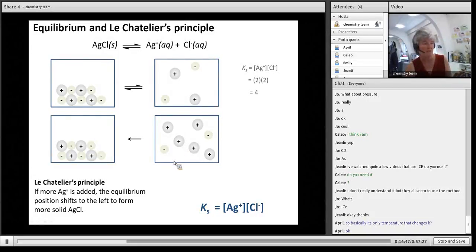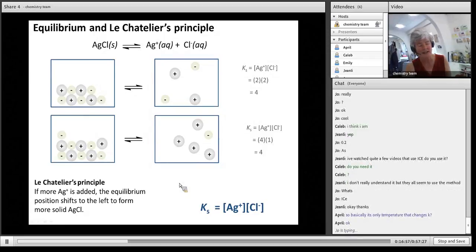So the position is going to shift to the left, and it's going to keep on doing that until I have the same K value. Okay, so you get more being deposited until, now notice that those concentrations are different, but I've still got the same K value.